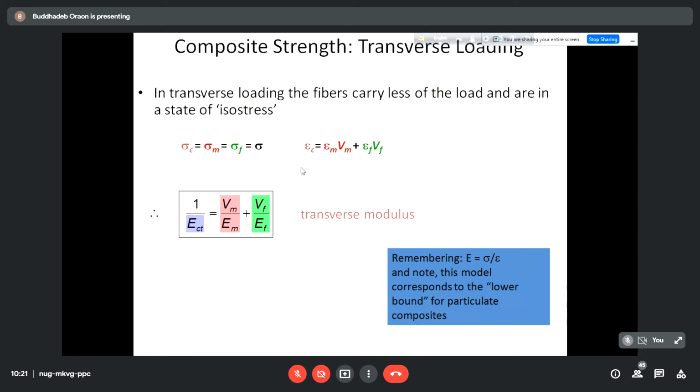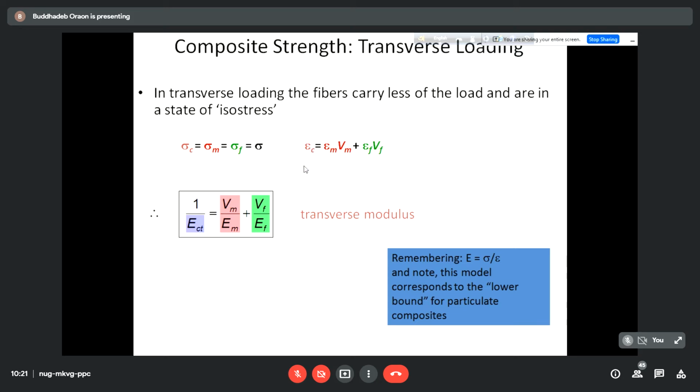Once you develop this, then in this case, the strain developed in the composite will be the linear combination of the fiber and matrix. So we can write strain epsilon c, the strain in the composite, equals the strain in the matrix into its volume fraction plus the strain in the fiber into its volume fraction.